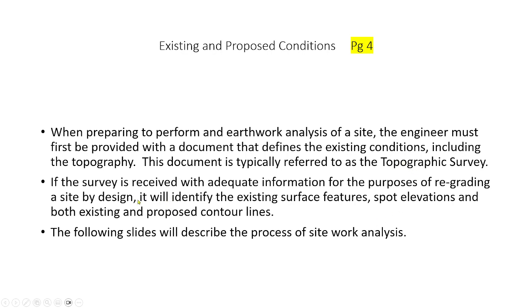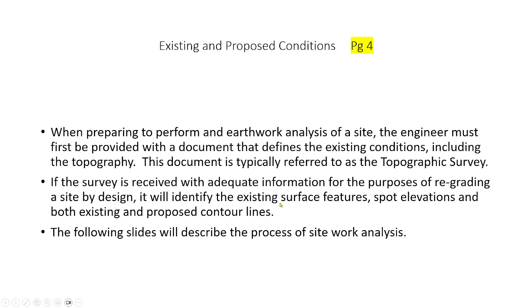So if the survey is received with adequate information for the purposes of grading, a site that has never been graded by design. And by design would mean, after you get the proposed elevation and the building pad where it's located, you get the finished floors, the footprint of where the building's going to be.